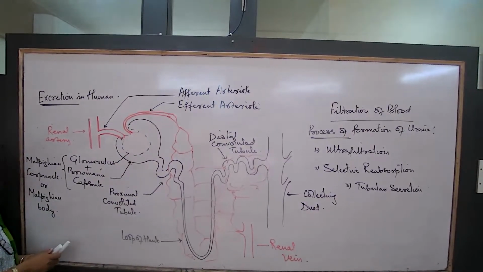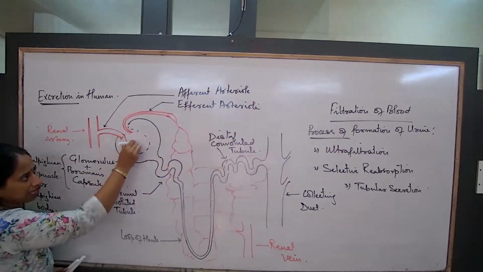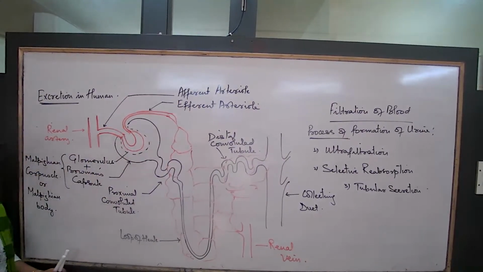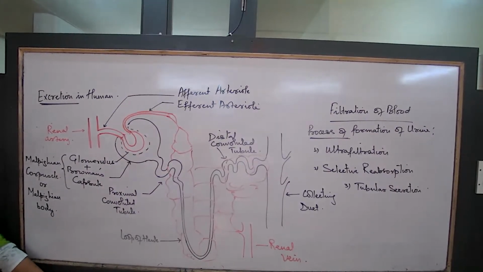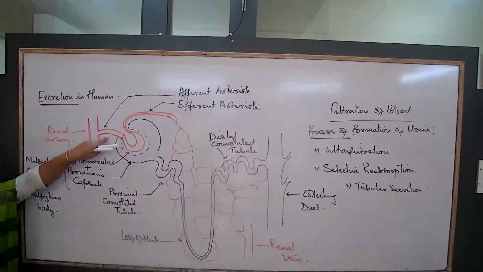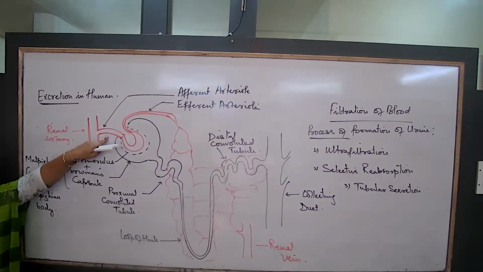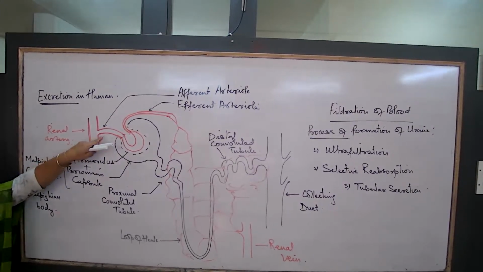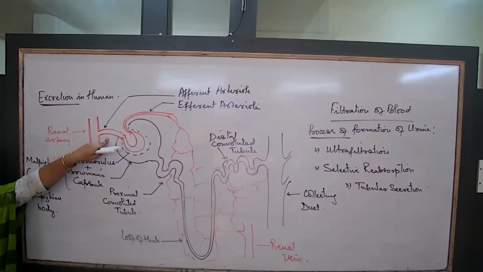Suppose I talk about only one single capillary like this, but there are hundreds. So what is this afferent arteriole? How is it formed? It is a branch of the renal artery. What type of blood is it carrying? The blood is oxygenated, and the blood is at high pressure.